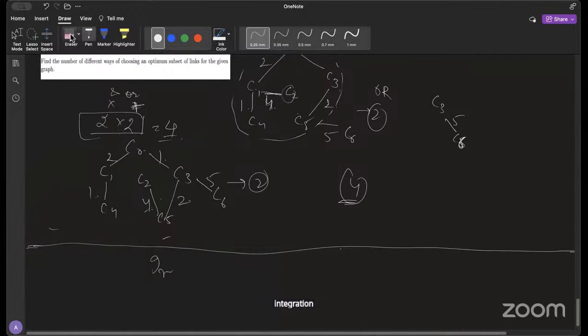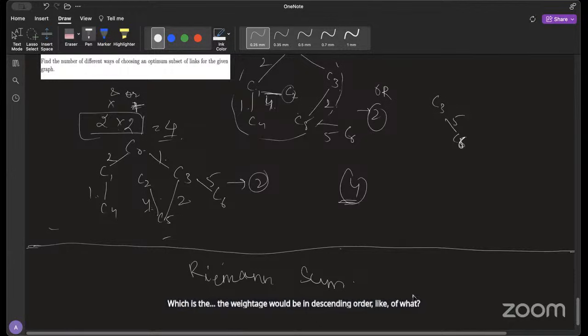Then we have integration, the week 9, that's based on integration and Riemann sum, basically. I'm just asking one thing from the integration, differentiation, limits, and graph, which is the weightage would be in descending order, like of what you can tell. All the topics from week 1 to 12, the weightage would be.